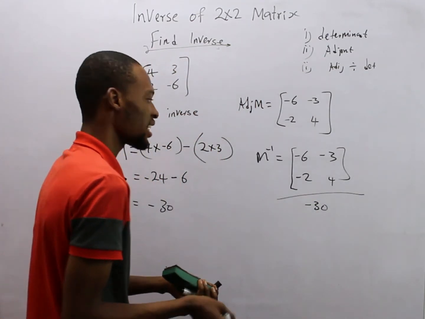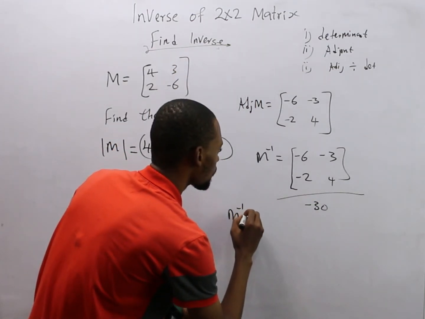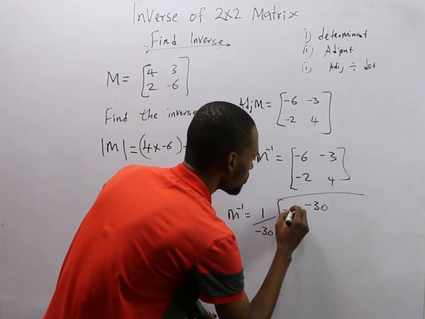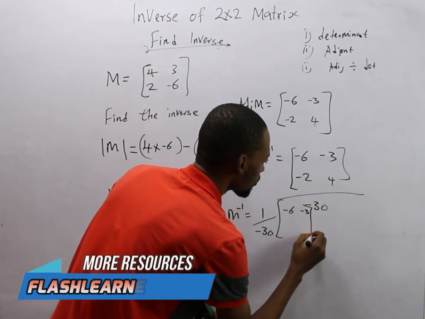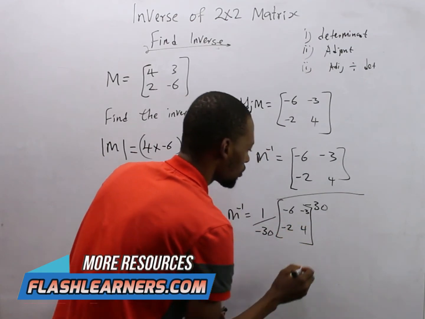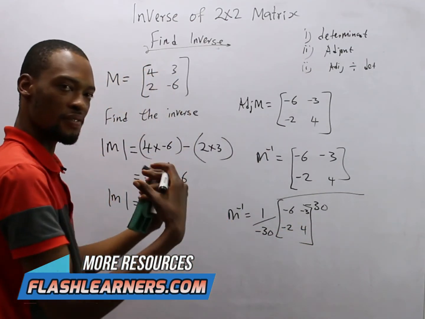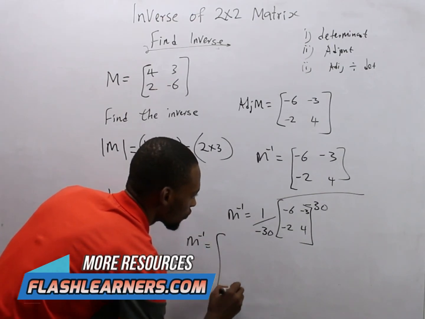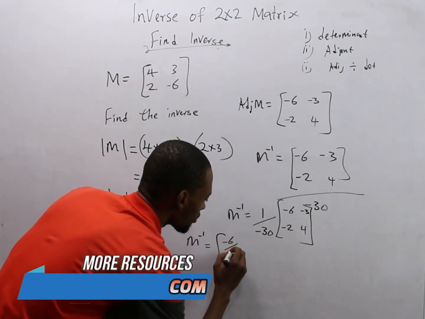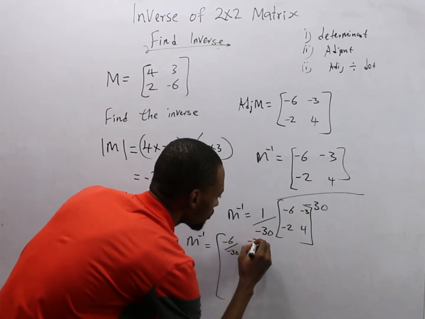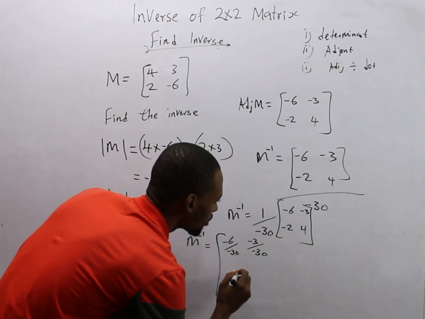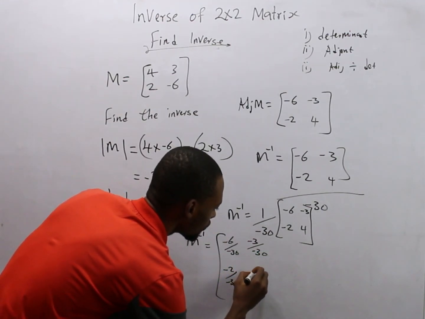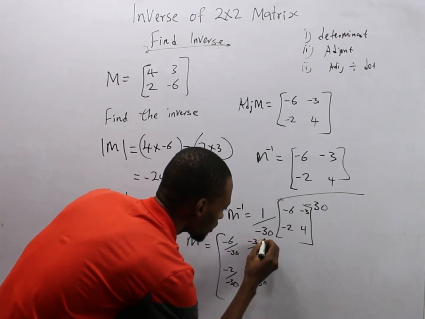To further simplify, it is also 1 over minus 30, times minus 6, minus 3, minus 2, 4. To further simplify, it is minus 6 over minus 30, minus 3 over minus 30, minus 2 over minus 30, 4 over minus 30.